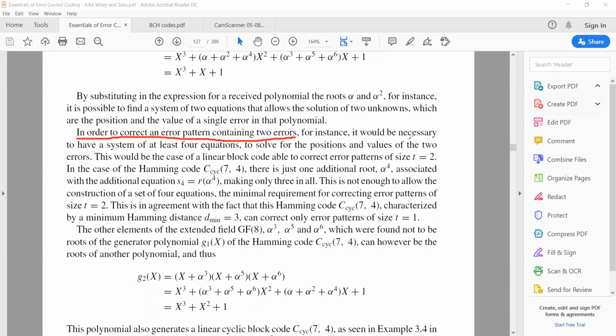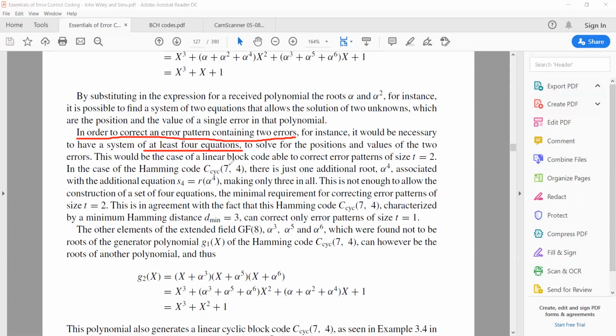For instance, it would be necessary to have a system of at least four equations. As I've told you, for m errors we need 2m equations, to solve for the positions and the values of the two errors.